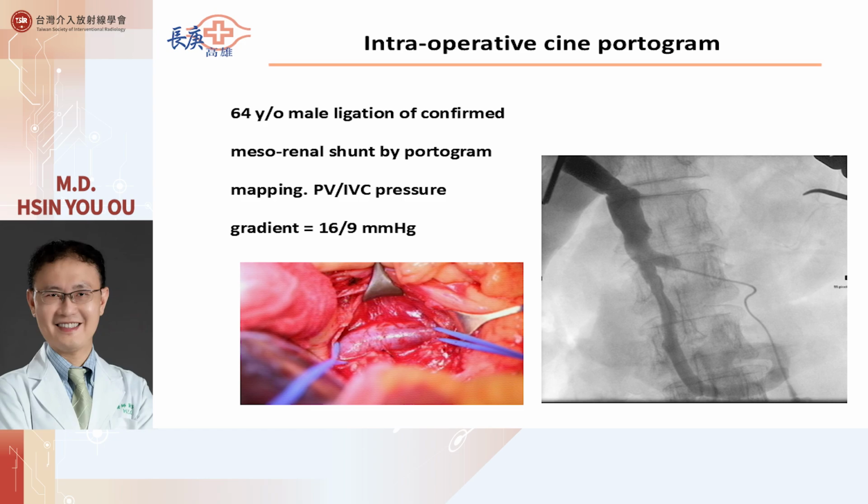If they close it first, we can identify whether this shunt is correct or not. And we will do the portogram and show it's the correct shunt. And the second step, they will measure the pressure gradient.